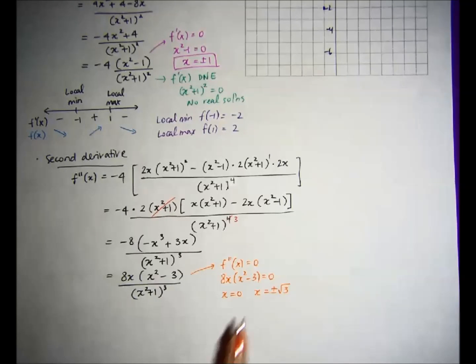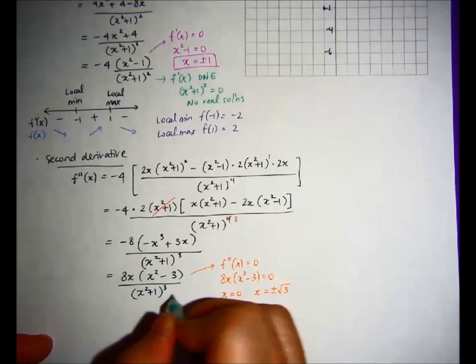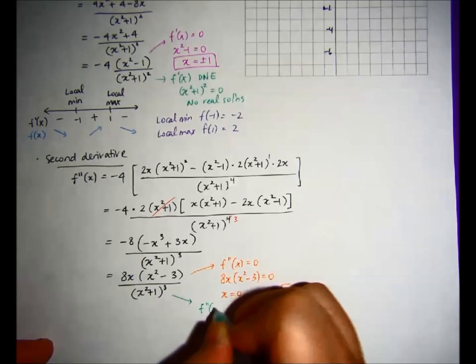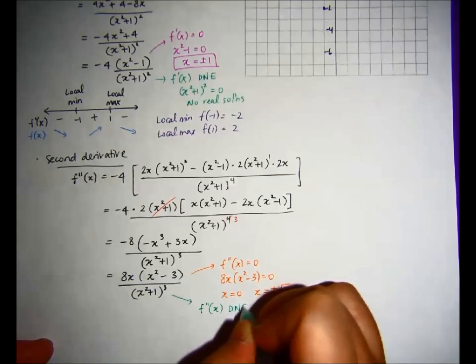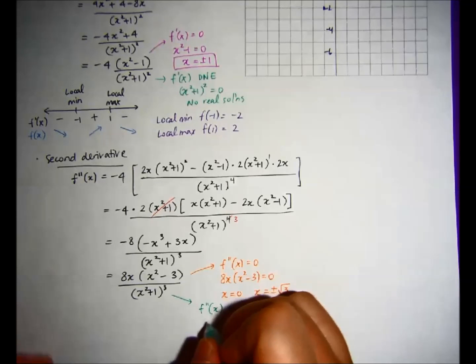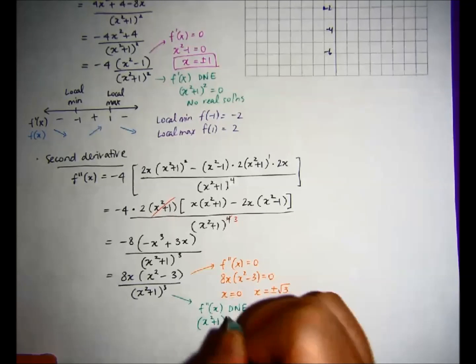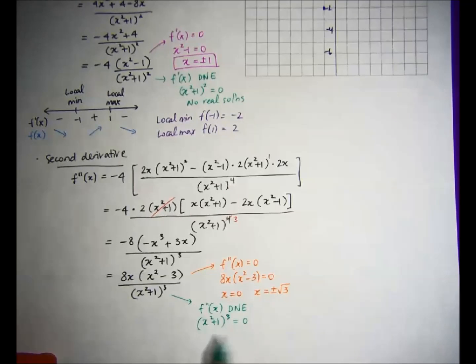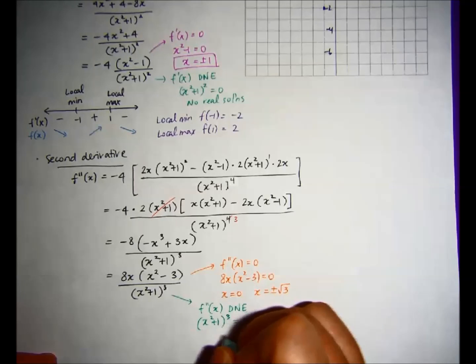So these are my three possible points of inflection that I will need to create a number line or interval table for and check. And again, if I take a look at this denominator and try to see if there are any new points where the second derivative does not exist, it turns out that I still will not have any real answers for this expression.